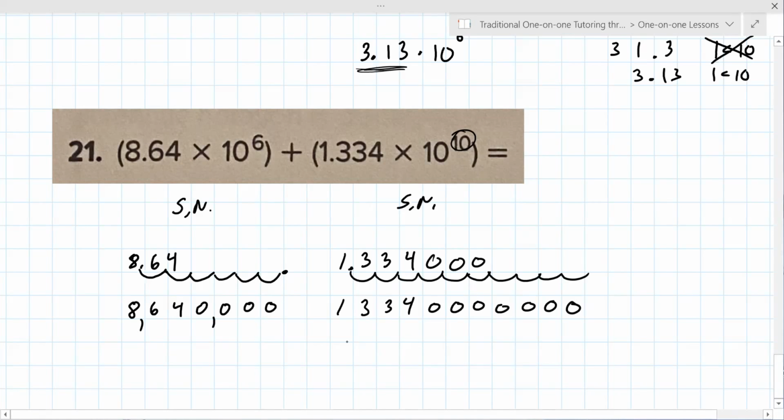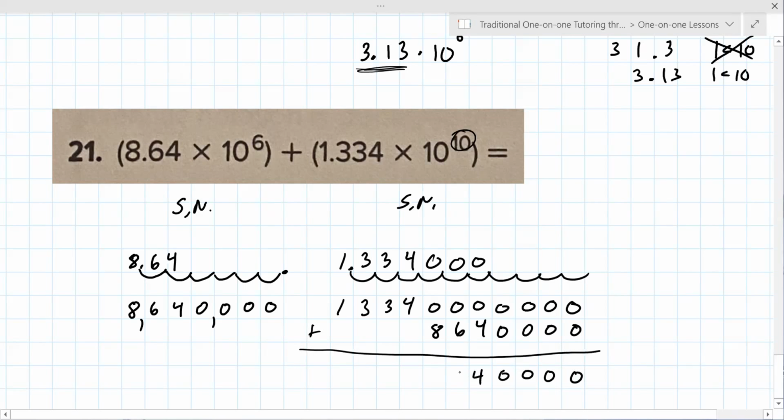You want to move it underneath that number there on the right. And now you can add it up. You add them together.